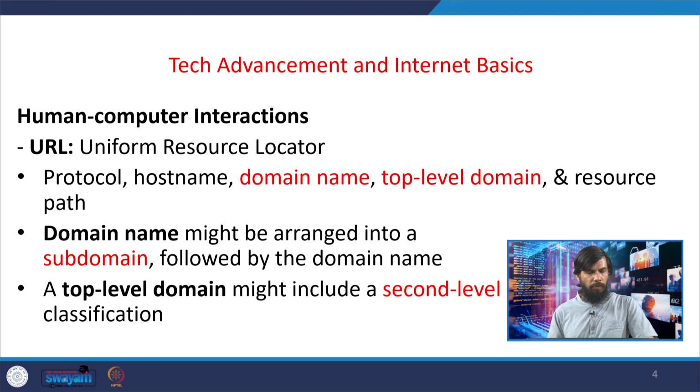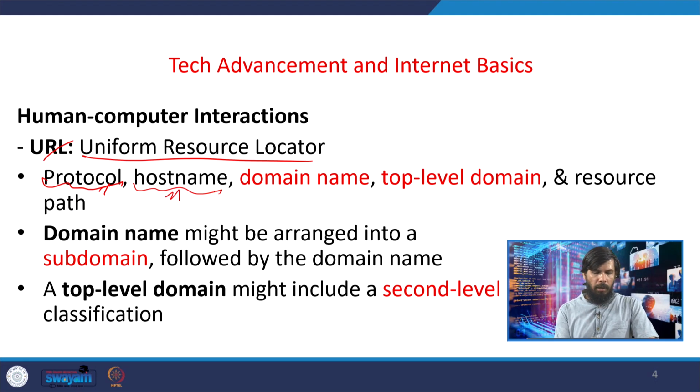So, the uniform resource locator, the URL, will have the protocol to start with. So, first in the URL the protocol would be specified, then the host name, the machine name where this resource is actually stored. Then the domain name, the domain network, the local network of which this host is part of, right.